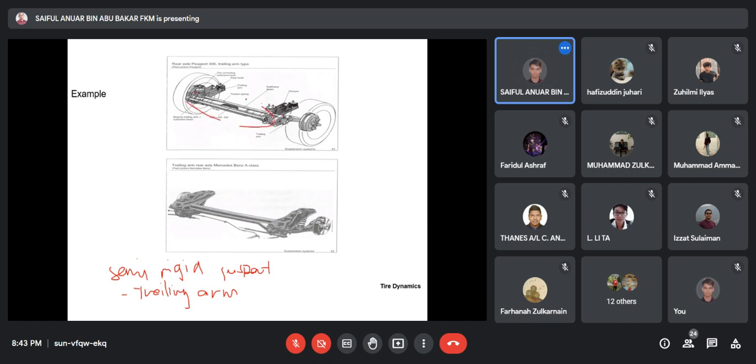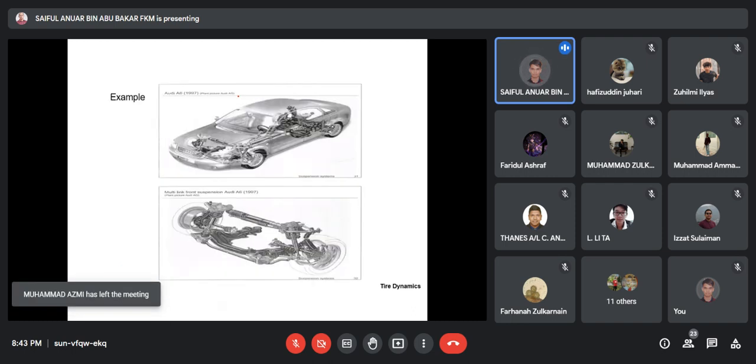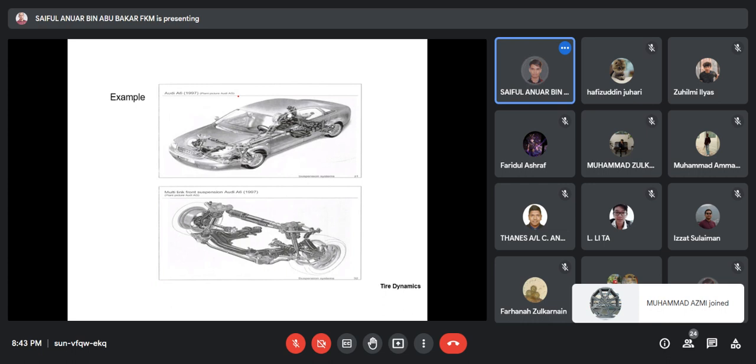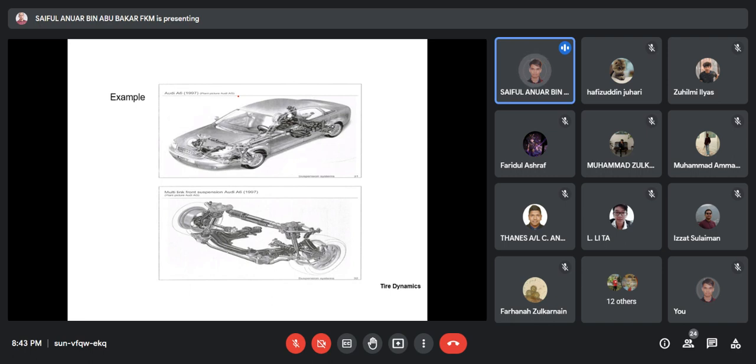Okay, so this one is an example of the Audi A6. Usually for the front, this one is a multi-link suspension. Oh yeah, this is the front side because we can see that this is the steering.